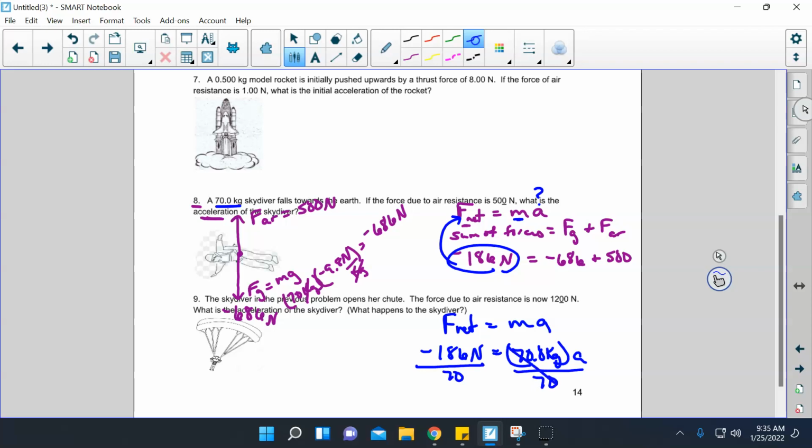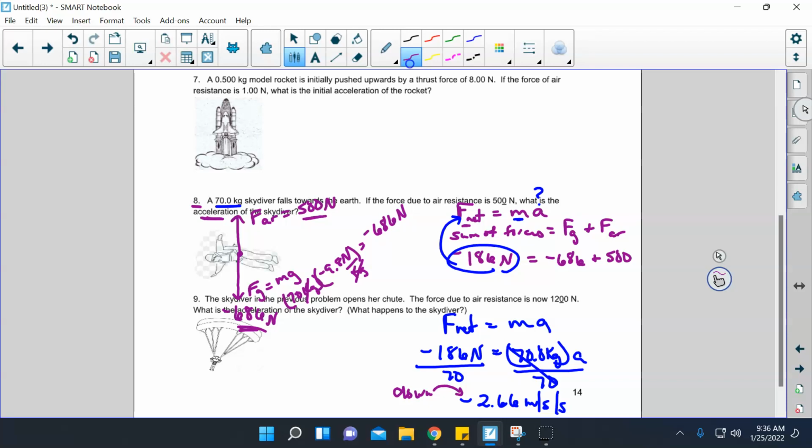That's going to get rid of it here. When I take 70 into that, I get a negative 2.66 meters per second each second. So they're accelerating going down, and that's what the negative sign means. This just means it's downward. And that makes sense because this force is greater than this force, so they should be moving down. And that's how fast you're accelerating.